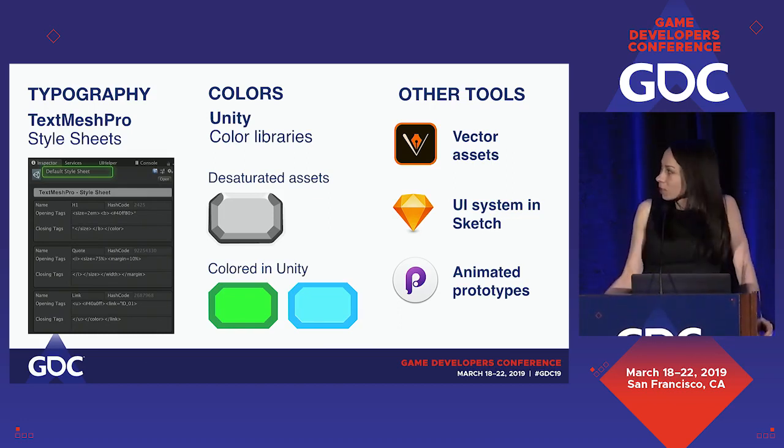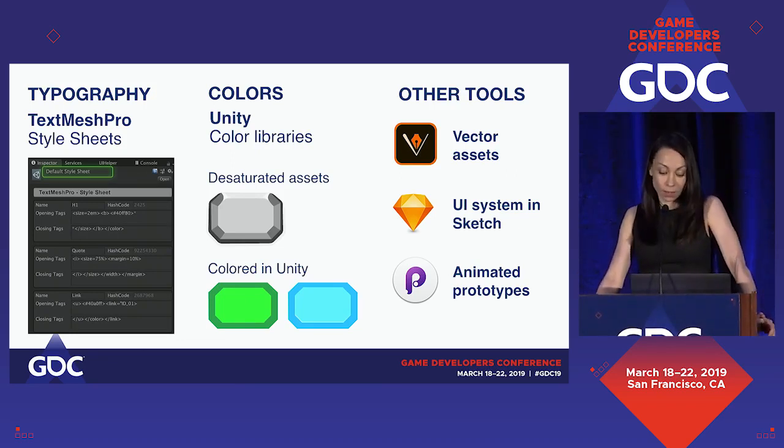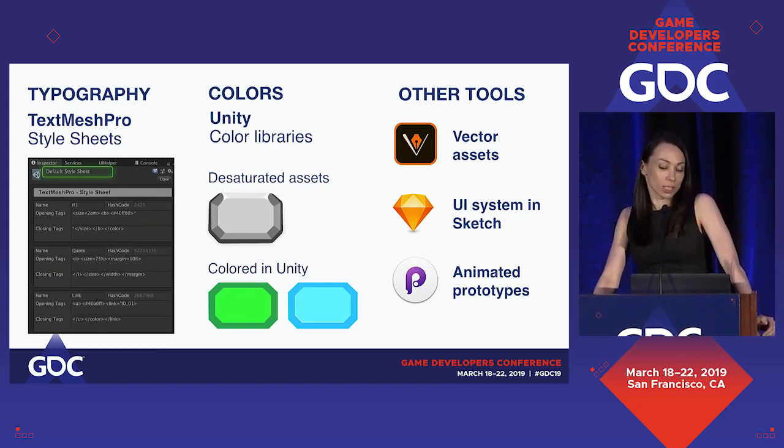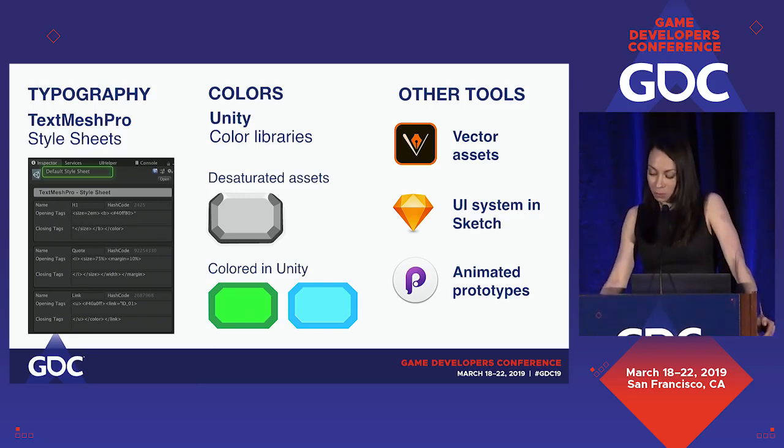We work with disaggregated assets, and we use the Unity color library, so it's very easy to adjust these color palettes, and it will also propagate the colors across all the assets. With nested prefabs it will be much easier, and we're waiting for that too.